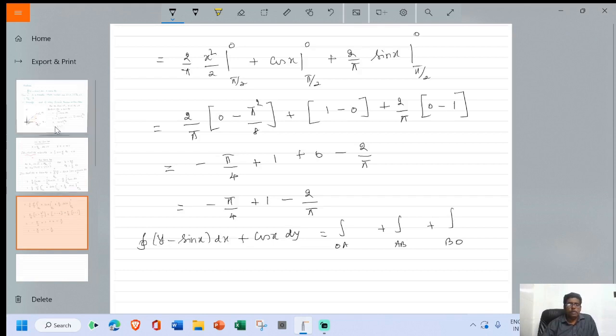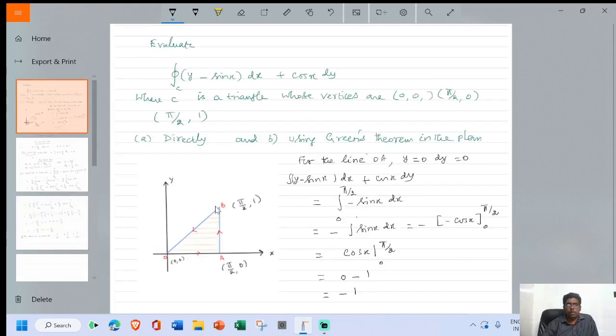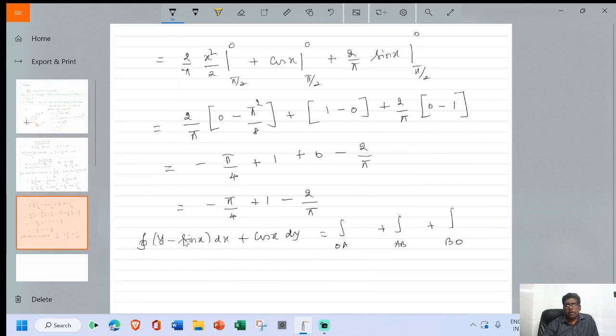Then we put the quantities inside the integral. You know that integral OA value is minus 1, integral AB value is 0, integral BO value is minus π/4 plus 1 minus 2/π.